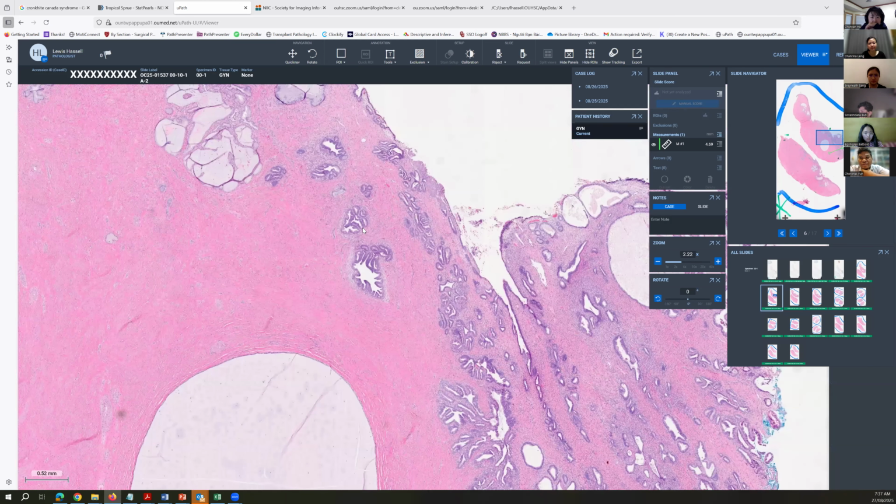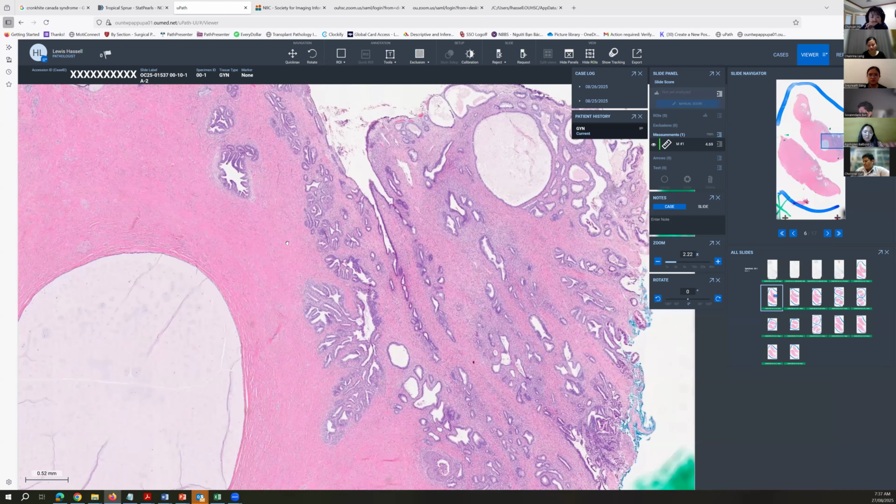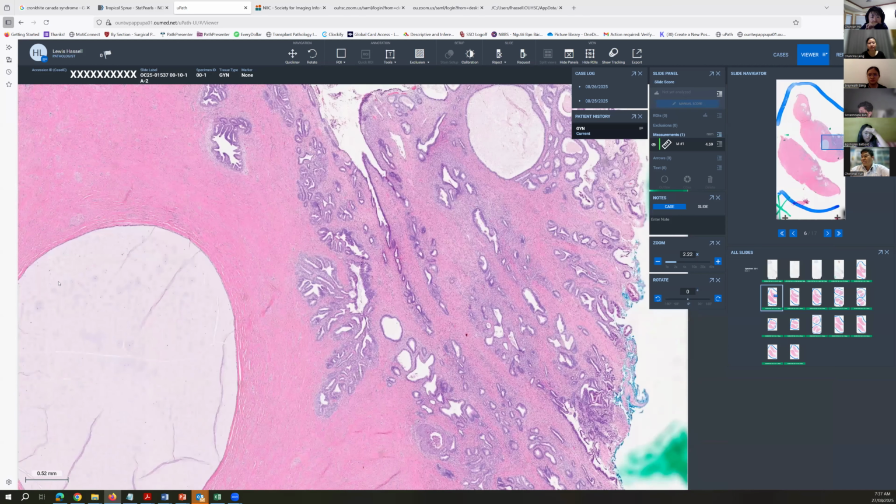So one of the challenges with endocervical adenocarcinoma is that it very often doesn't provoke much of a tissue reaction. And so it can be quite difficult to decide what's invasive and what is just extending down and multiplying within pre-existing glands. So here we have an endocervical gland that's benign, that's quite deep.